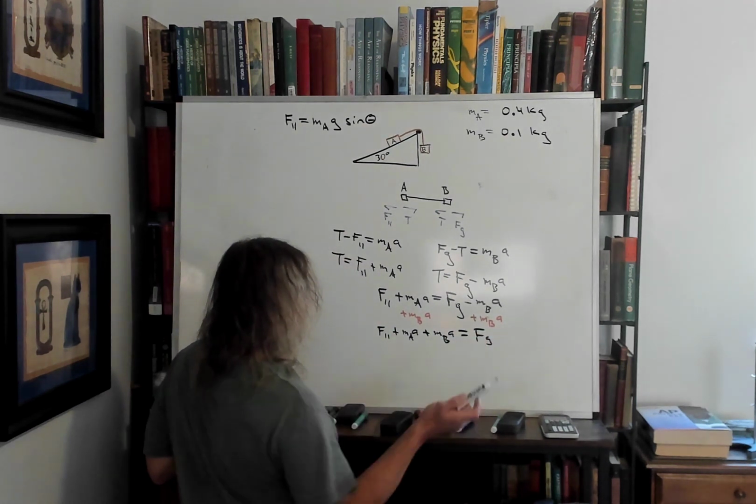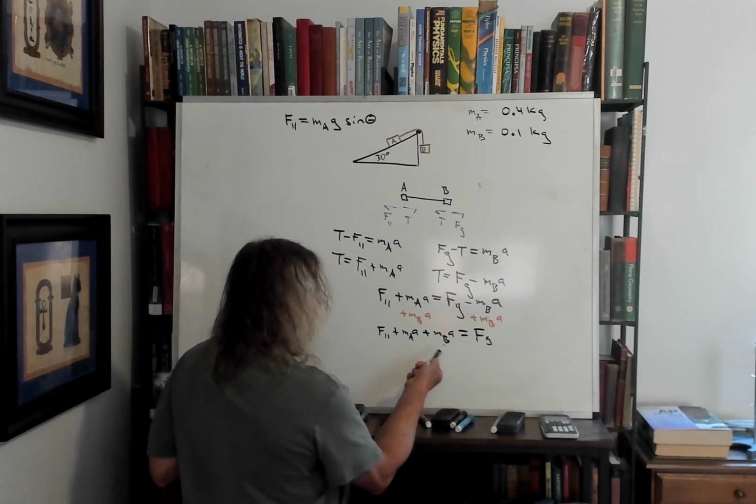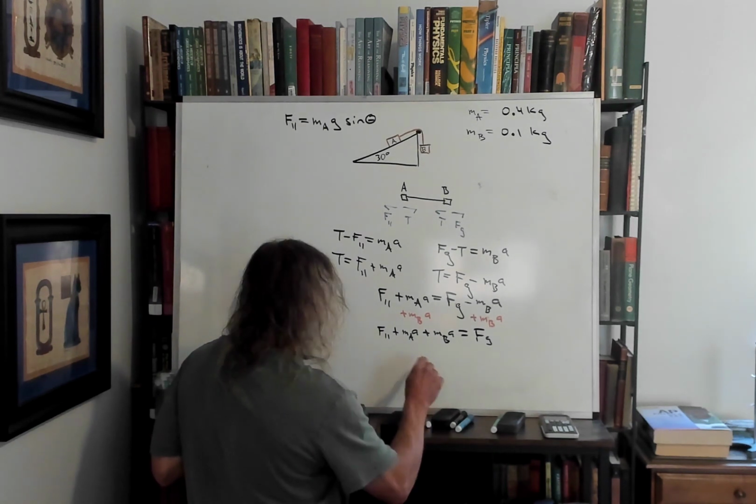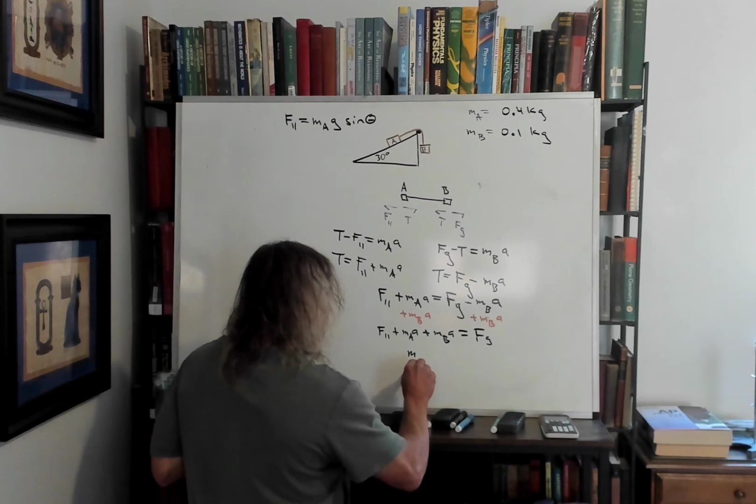And subtract F parallel. And you can factor a out of here. So I do two things at one time. I'm running out of room. You can do the algebra more slowly if you need to.